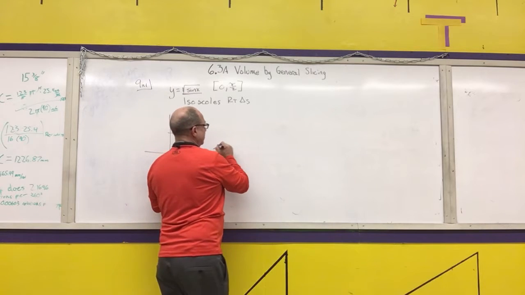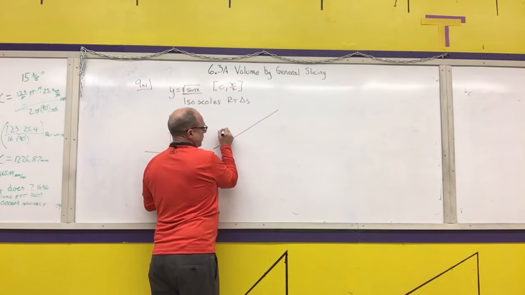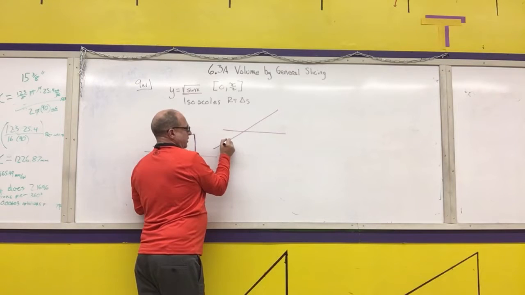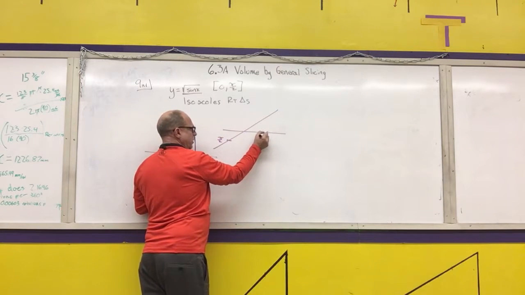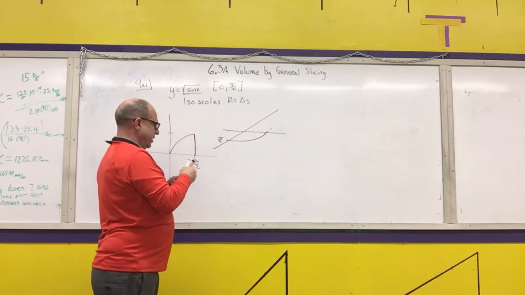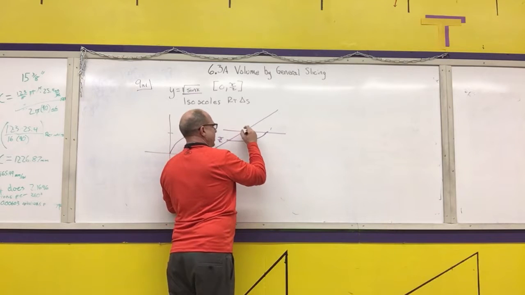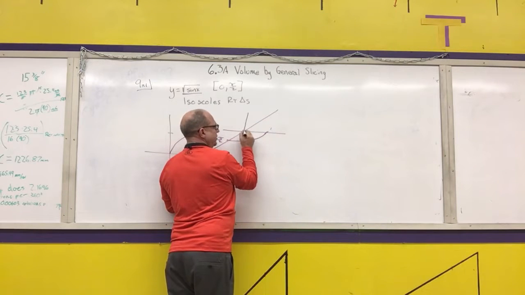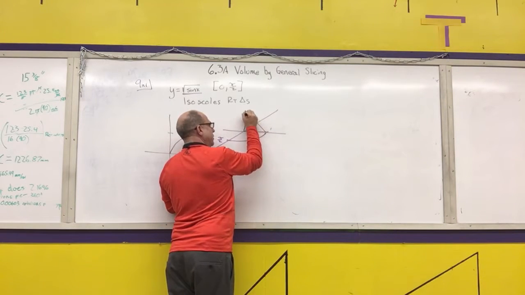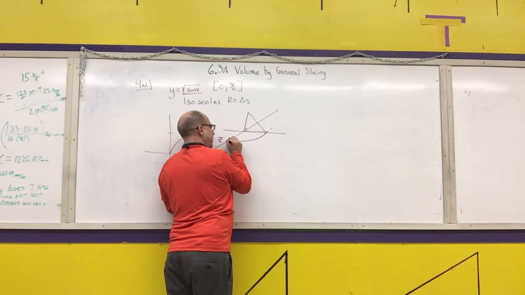This one I'm actually going to try to draw for you. So this is pi halves. This is 1. There's my sine curve. What they are telling you is that you're going to have an isosceles right triangle here. And let's see here, you're going to have an isosceles right triangle.